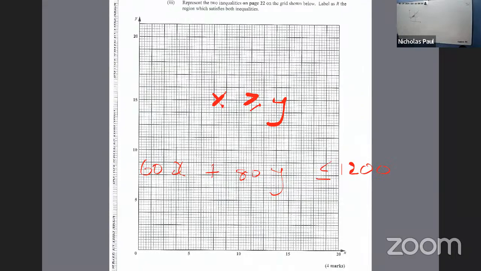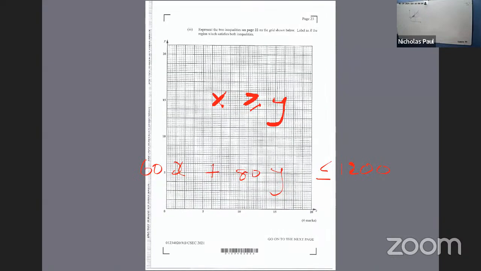Okay, just one thing I want to point out here. If you remember, I told you this last class, right? Always try to have the y on the left hand side. So you see how you have x is more than or equal to y? Put the y on the other side. If you switch them around, you have to change the sign, right?